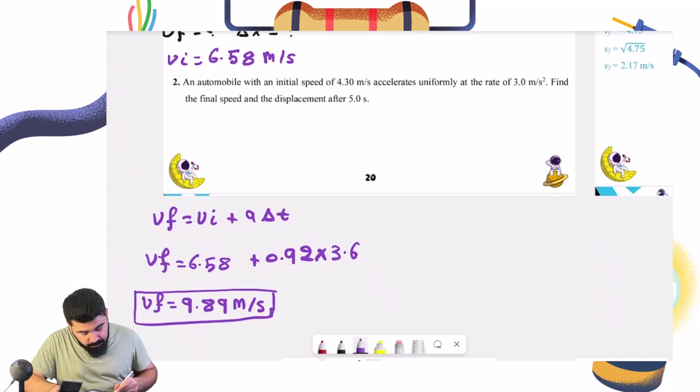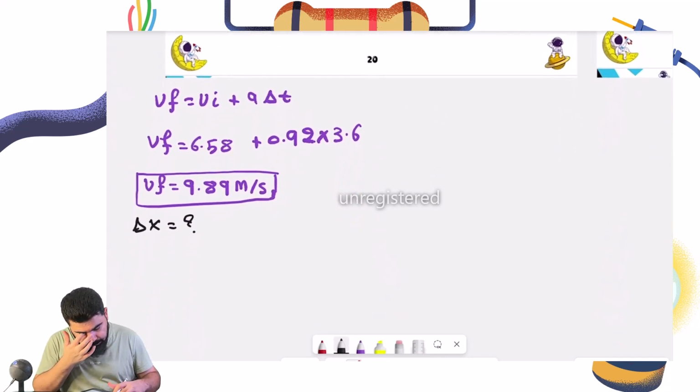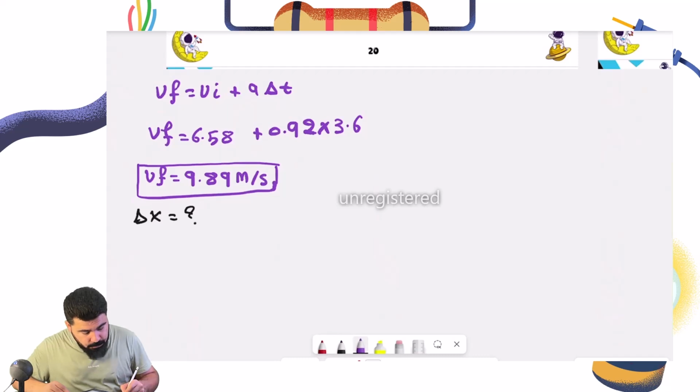The second part of the question says delta x is equal to what? Now guys, I told you it doesn't matter which equation you use since we have all the givens. Use the easiest one. Delta x is equal to 1 over 2 times V initial plus V final, multiplied by delta t.